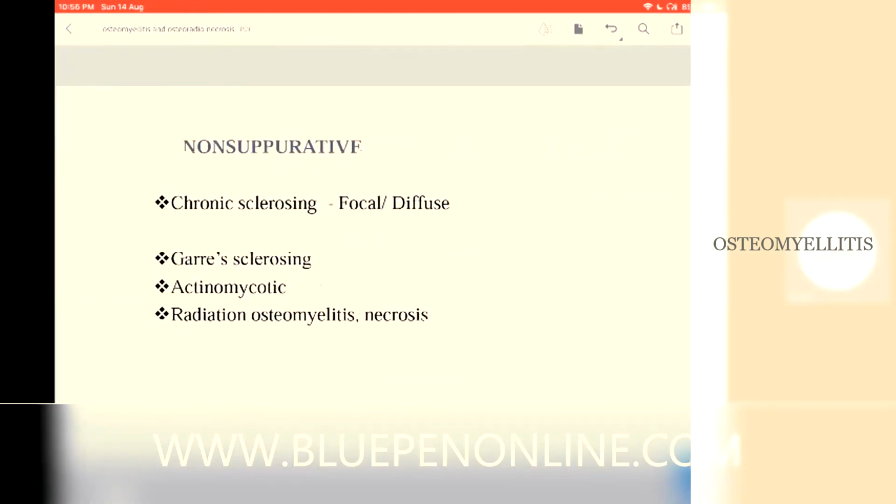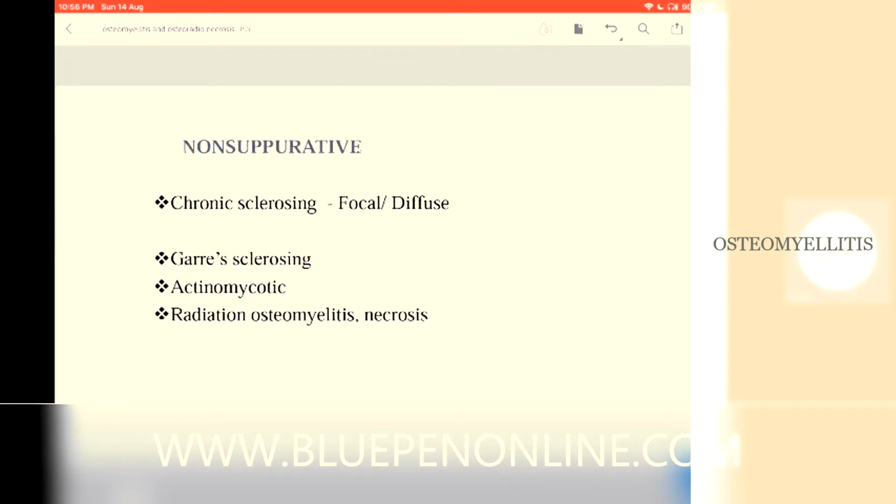In non-suppurative, we have chronic sclerosing, which can be focal or diffuse, then Garre's sclerosing, then actinomycotic, tuberculous, and syphilitic osteomyelitis. These are all specific types of chronic osteomyelitis. Then radiation osteomyelitis and necrosis, that we will see as a separate topic as it is very important.